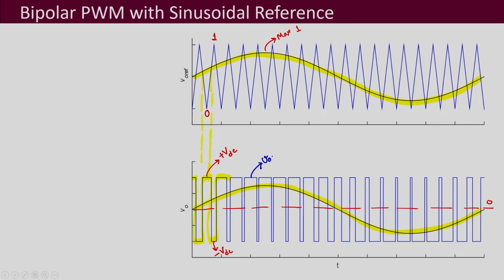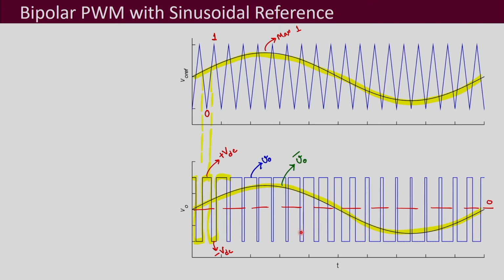And if we take the average of that waveform, for every Ts time period, every switching time period, if you take the average of VO, then what you will get is this VO bar, this sinusoid, which has to resemble the reference waveform to begin with. This average is also the fundamental component of this switched voltage waveform.